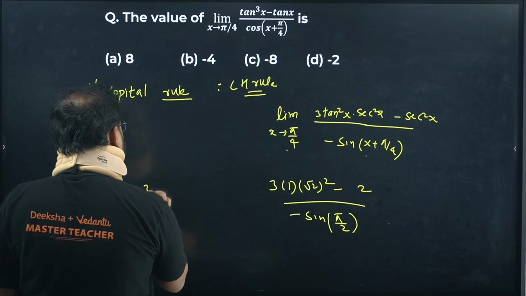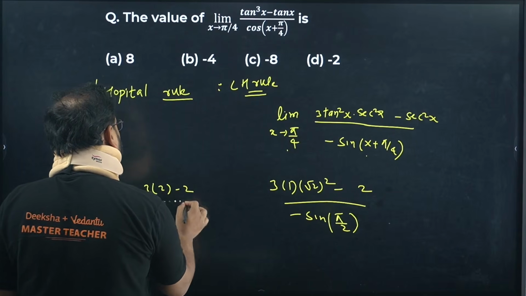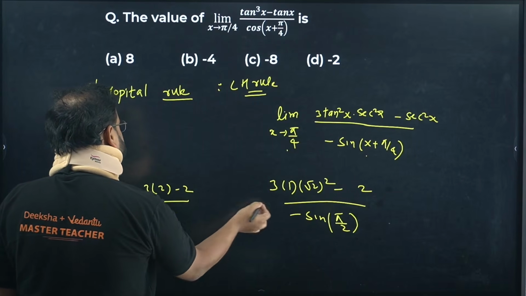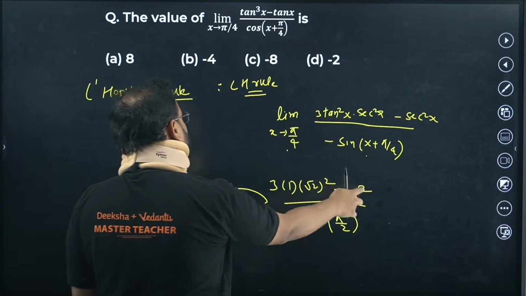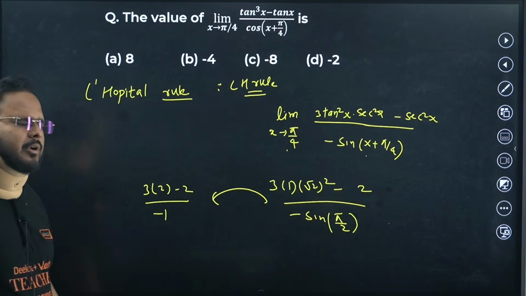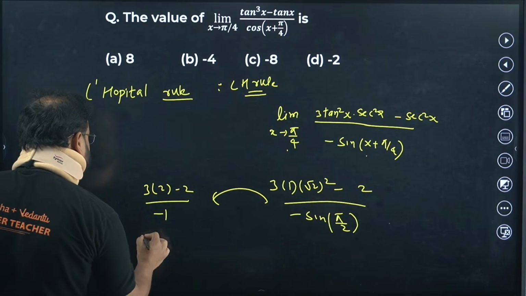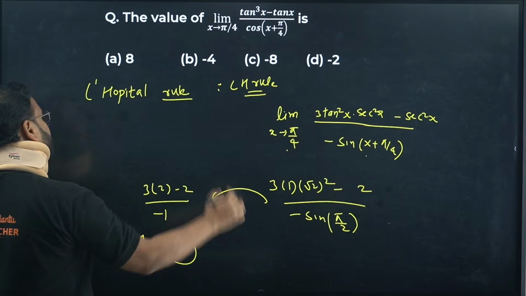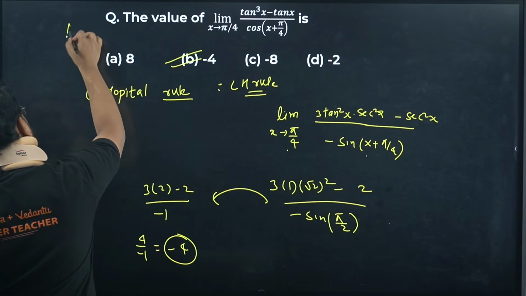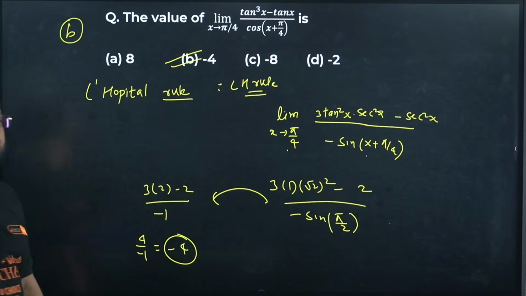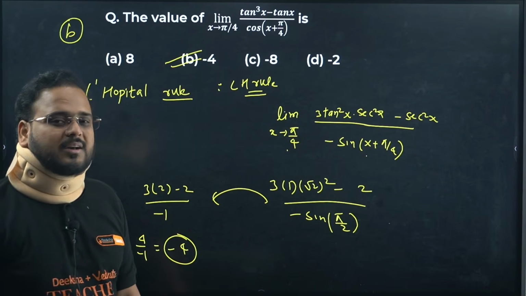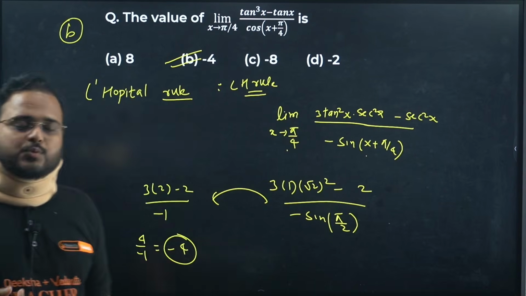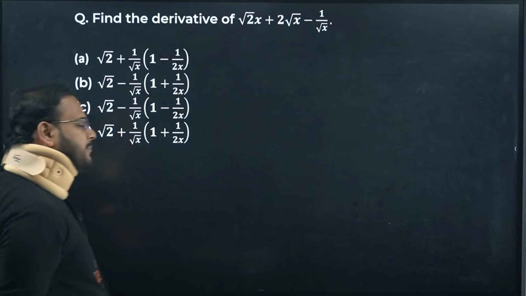Check here, 3 into 2 minus 2 upon minus 1. How come, sir? 3 into 2 minus 2 upon sine 90 is 1, so minus 1. 6 minus 2 is 4. Answer becomes minus 4. Option is B. Clear?